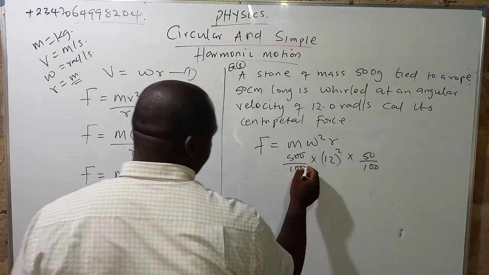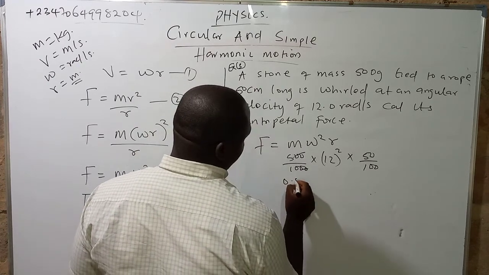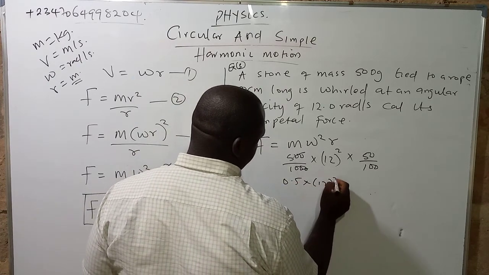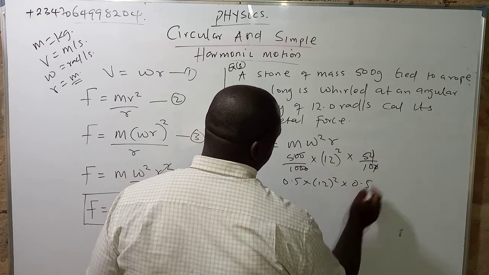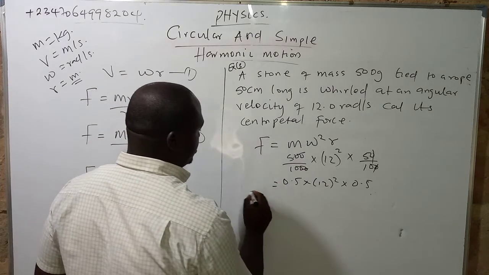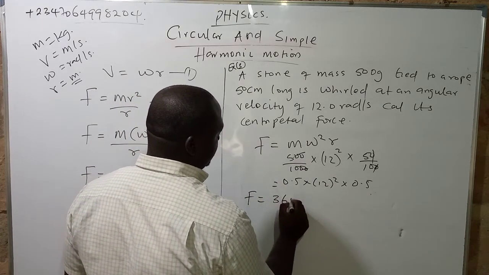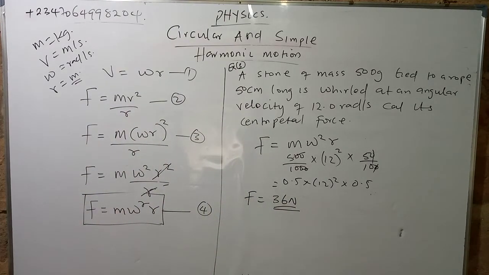So here you have 0.5 times 12 squared times 0.5, and if you punch it in your calculator, the answer you should get is 36 newtons. So the magnitude here is 36 newtons. Please continue noting the formula. We're going to keep on solving.